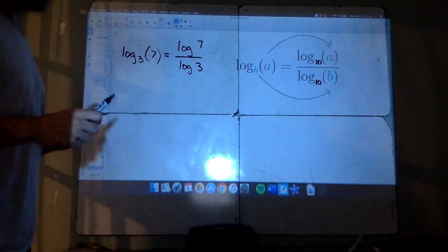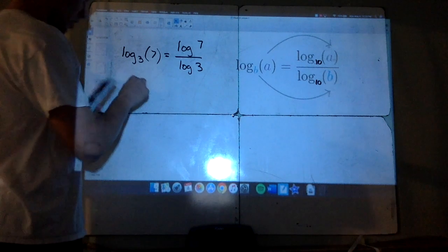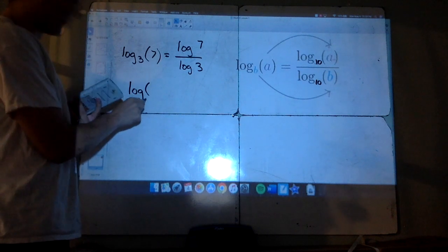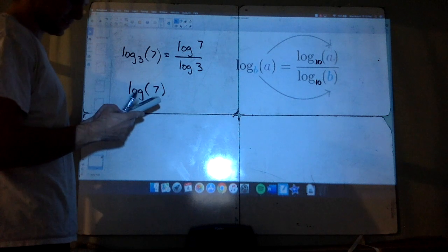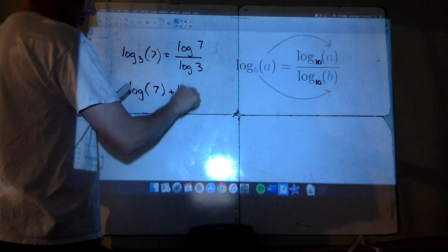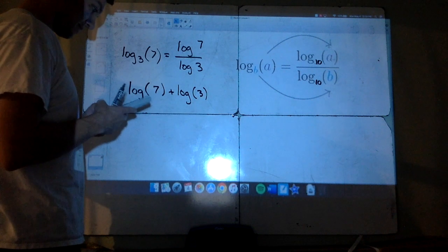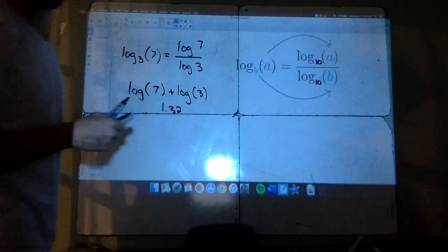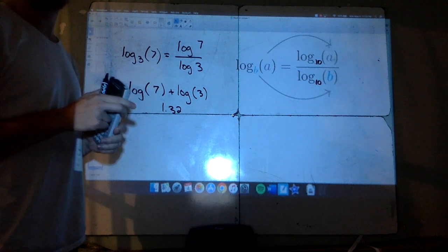When you type this in, you have to do log, and it'll automatically put that parentheses, and you do 7, and you have to close that parentheses. And then log of 3. And it should get you 1.32. And that's just a decimal approximation. It's not an exact number.